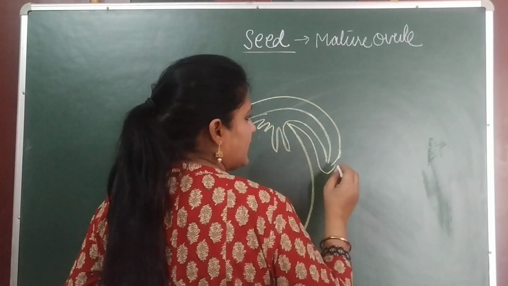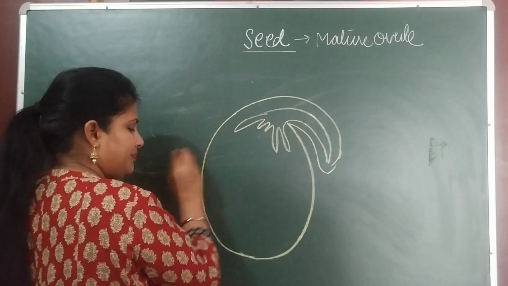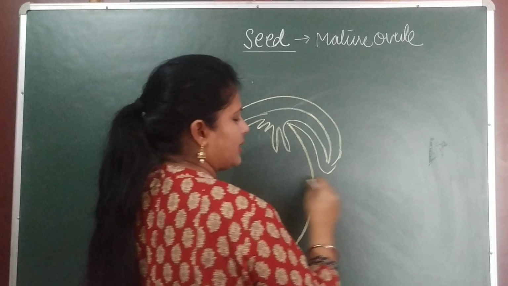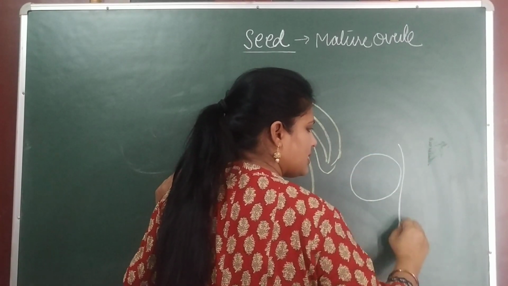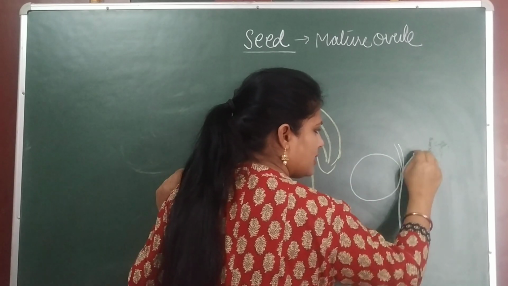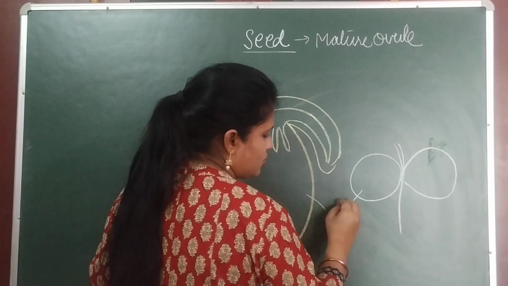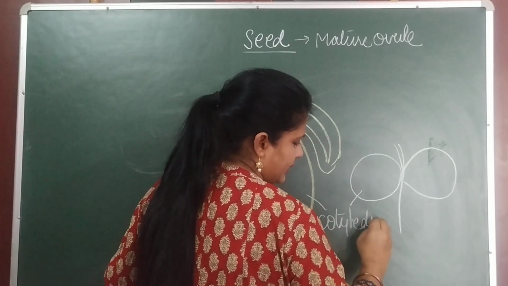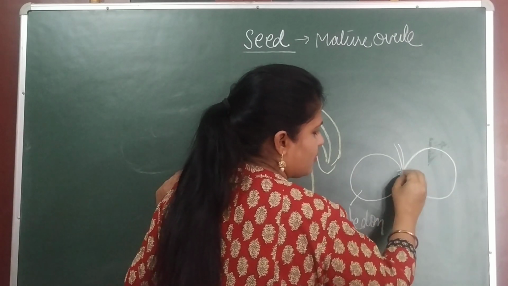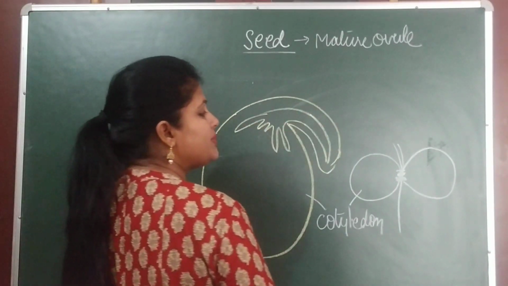In seed, there are two axes. If I cut it like this, a transverse section, we can have a seed like this. Okay, these two are cotyledons, and the axis where cotyledons are arranged, that axis is called mesocotyle.